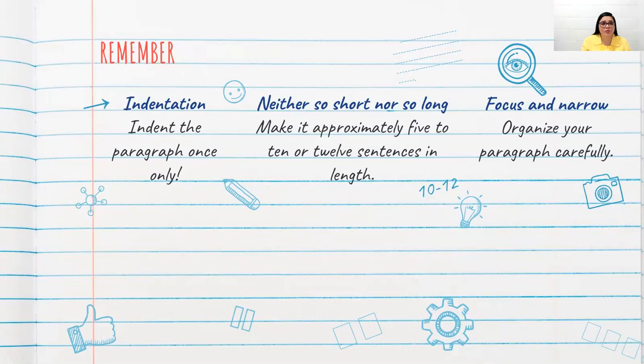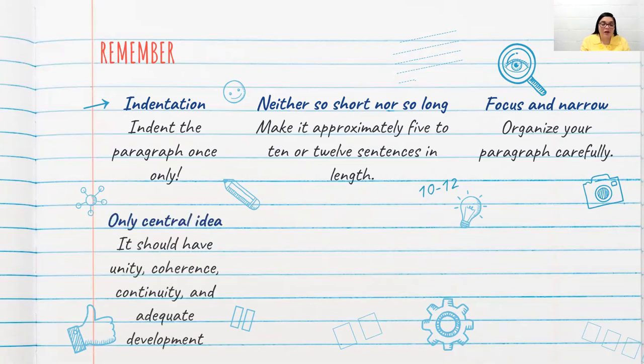Organization is really important, and narrowing your topic can make a paragraph something complete, independent from other texts, and worth reading. Only one central idea. It should have unity, coherence, continuity, and be adequately developed.